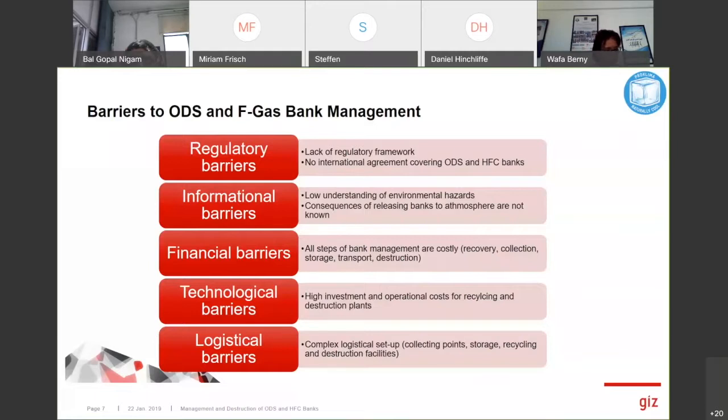Another one, which I already mentioned, is the complex logistical setup. You have different actors involved in the different collecting, recycling, and destruction phases.